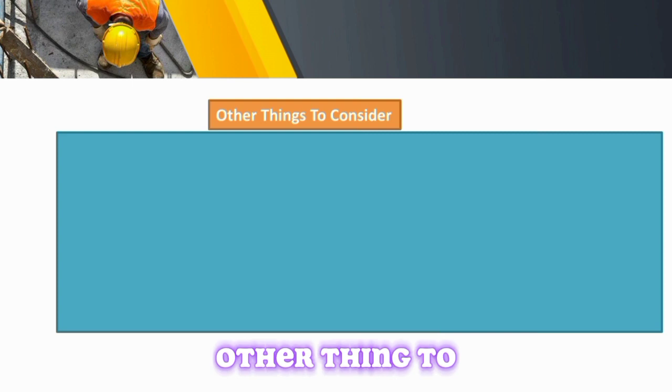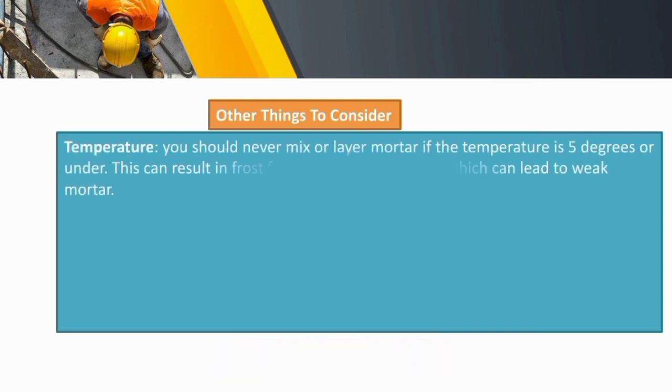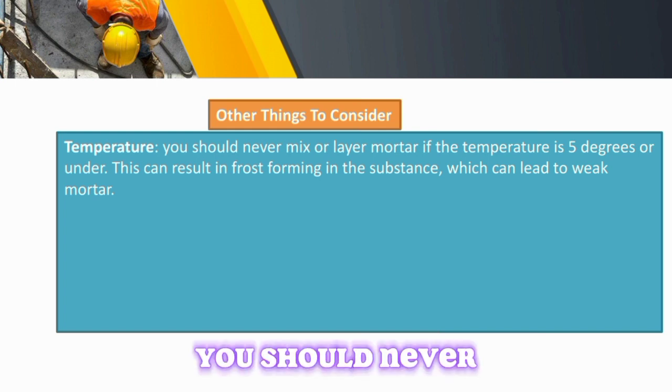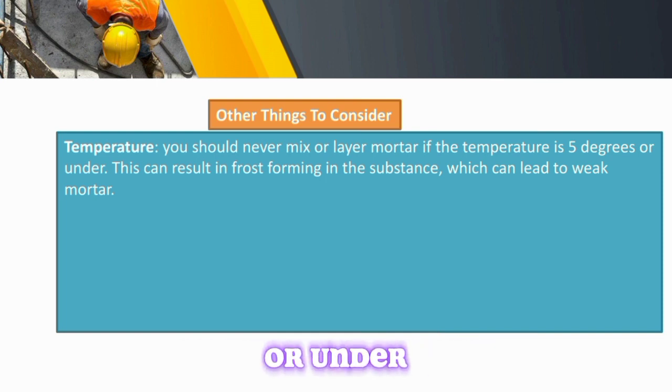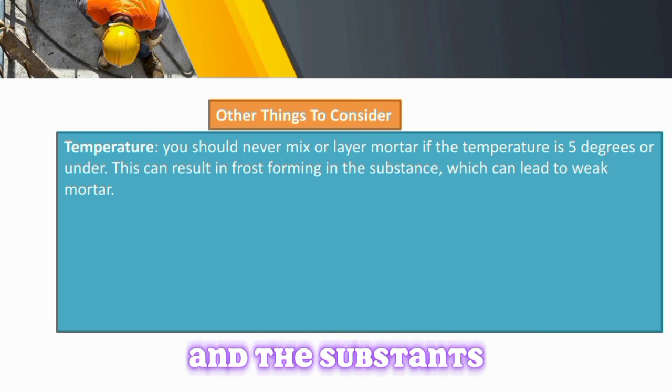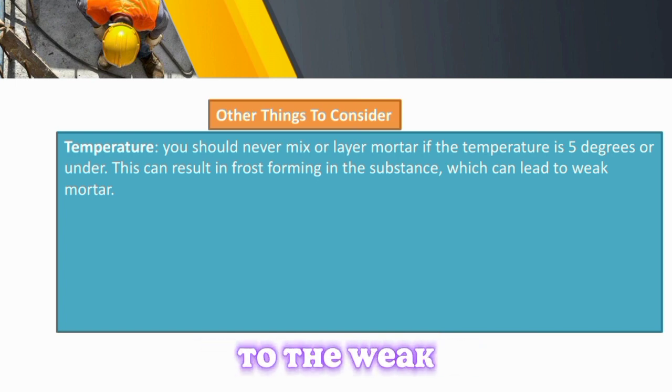Other things to consider: temperature. You should never mix or lay mortar if the temperature is 5 degrees or under. This can result in frost forming in the substance, which can lead to weak mortar.